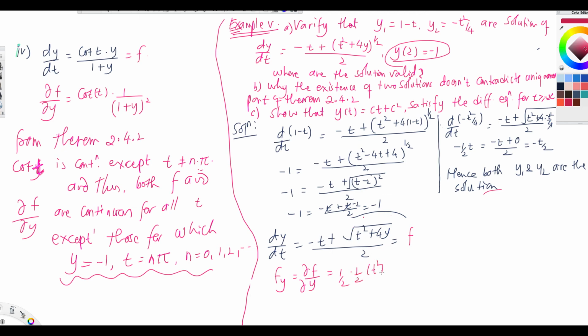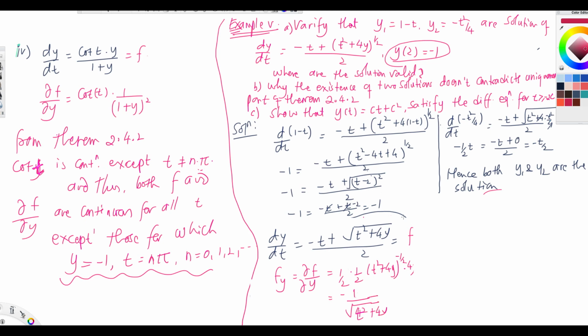So t square plus 4y to the 1/2 minus 1 is negative 1/2, times the derivative of the inside, which is 4. So negative 1 over the square root of t square plus 4y. That's what you get, okay?